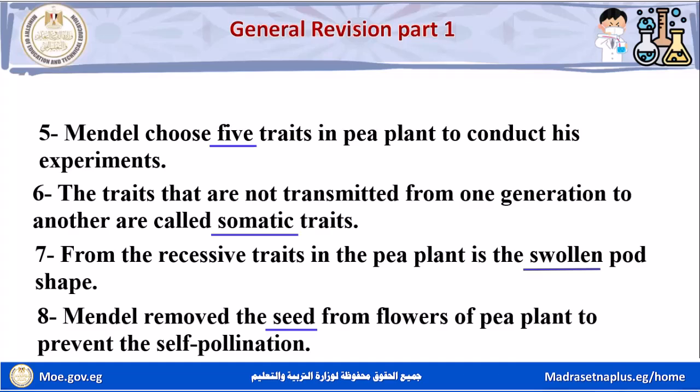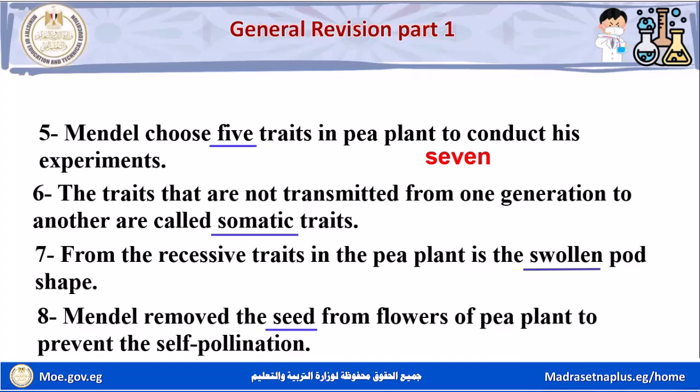Question number 5. Mendel chose 5 traits in pea plant to conduct his experiments. Mendel chose 7 traits in pea plant to conduct his experiments.